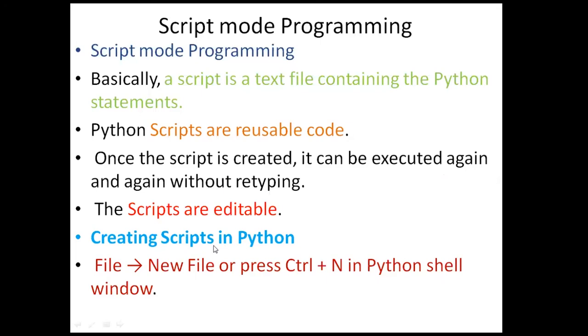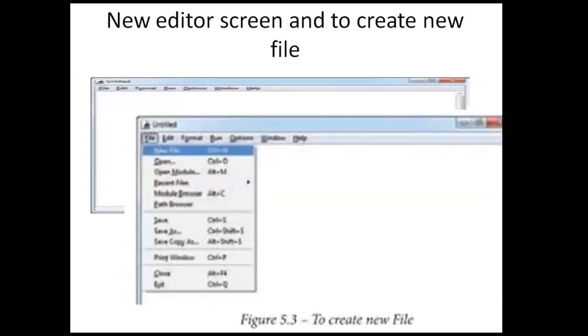And how will you open a new script file in Python? Choose File, New File, or from your prompt window, just press Ctrl+N. That will take you to the new script file in Python.